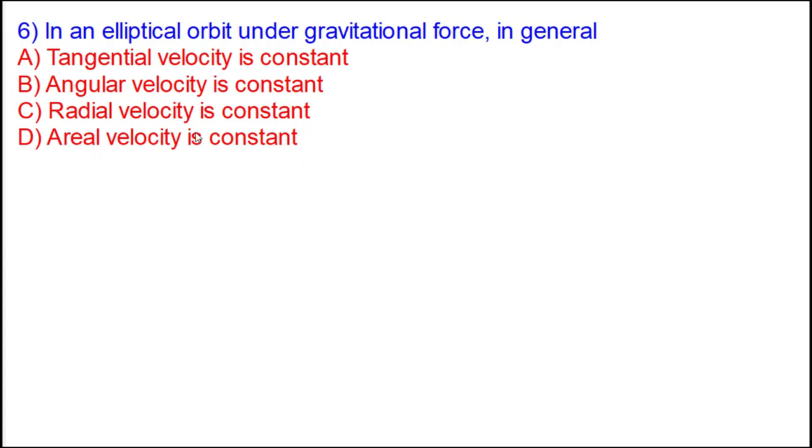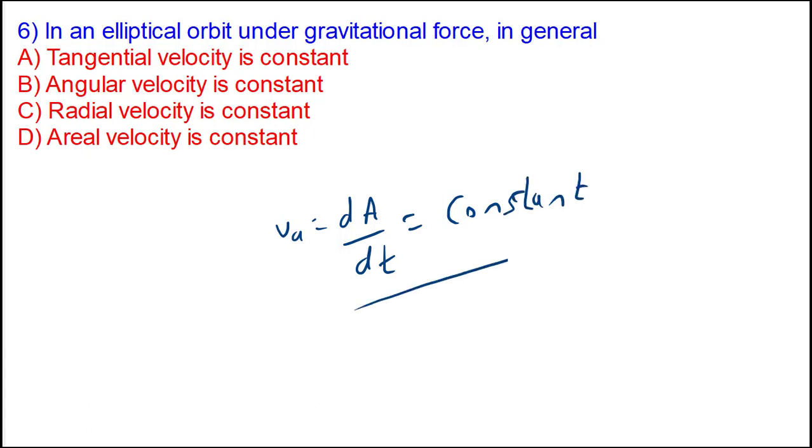Now in case of elliptical orbit, if we use Kepler's second law of planetary motion, the aerial velocity VA, which is dA upon dt, is constant. This is the consequence of Kepler's second law. All the other velocities are not constant, they change with respect to the position.